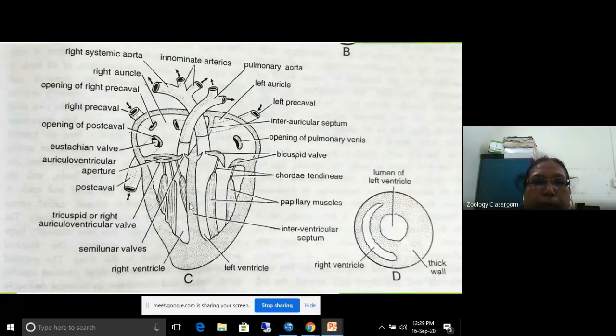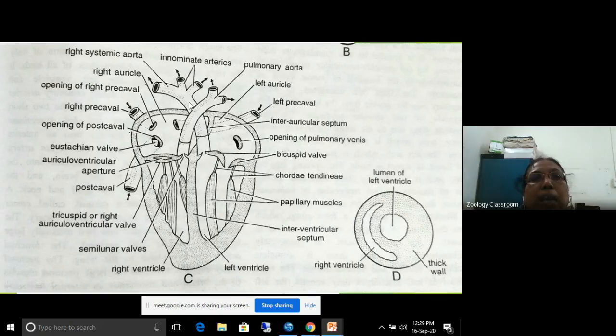So this is the bird heart, and this is the pulmonary aorta, which opens on the right side of the right ventricle, collects impure blood, and transfers it towards the lung for purification. Then there is a systemic aorta.